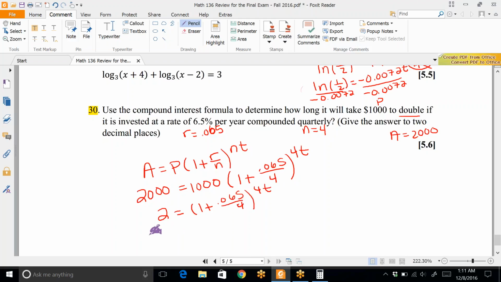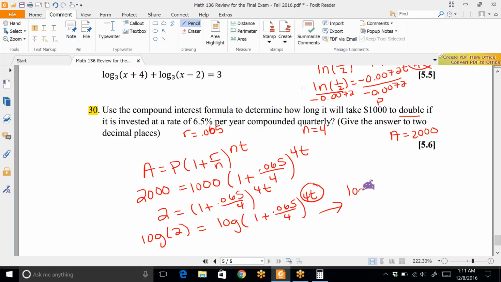And then, because there's no e base, I could just do log if I wanted. You could also do natural log. It really doesn't matter. Do log of all of this. Because then we can pull this power of 4t to the front.